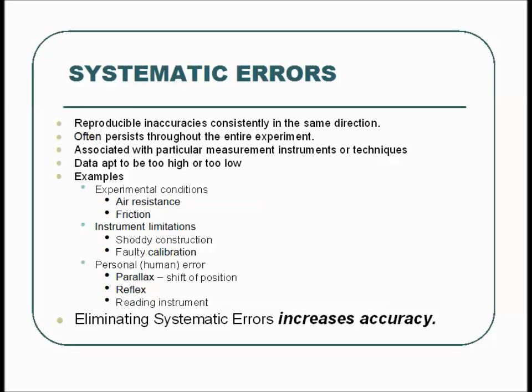Maybe you are slow on your timing device. Your reflexes are slow. The shift of position that you've used to measure and to take a reading affects the way that your reading comes out. So all of those affect the accuracy, how accurate you are with a particular measurement, and those are systematic in nature.